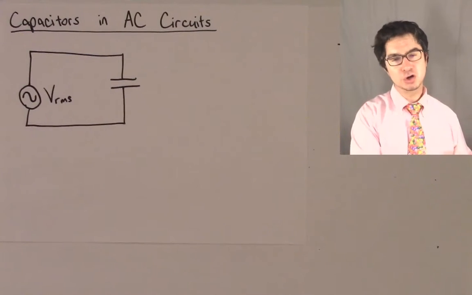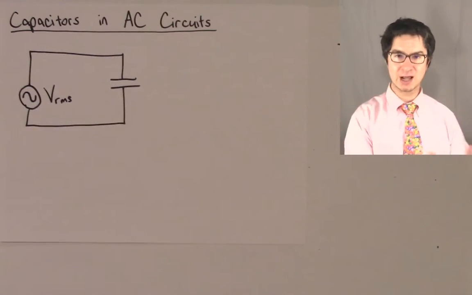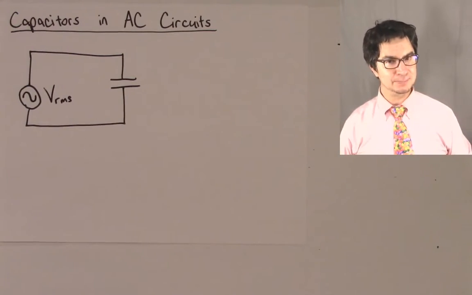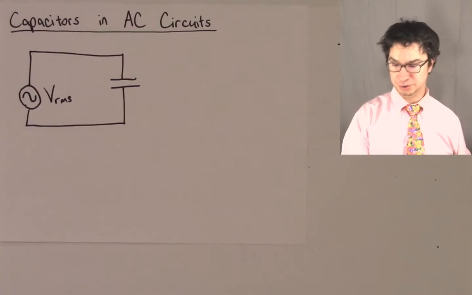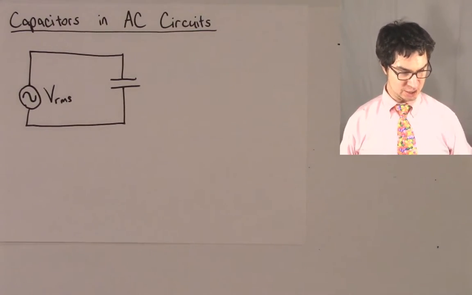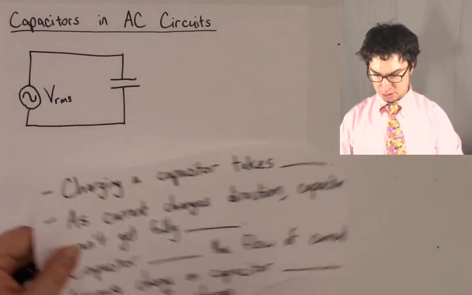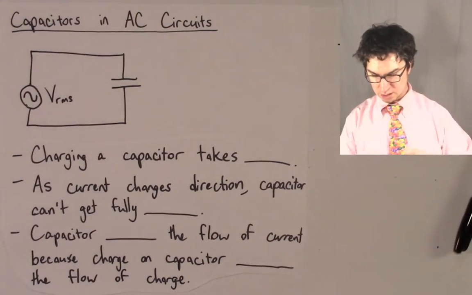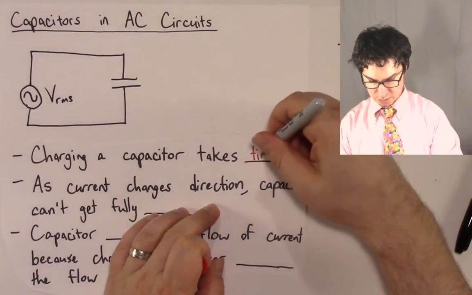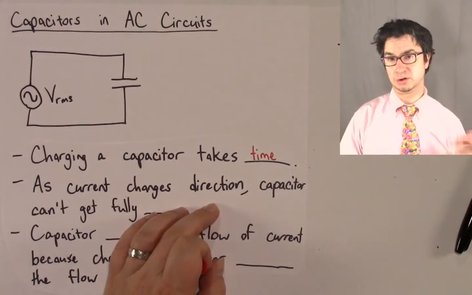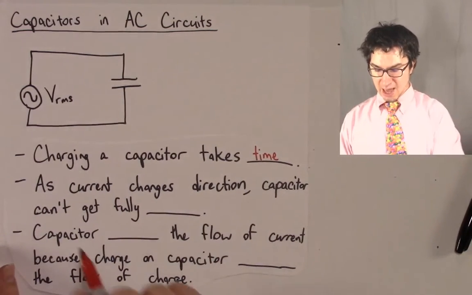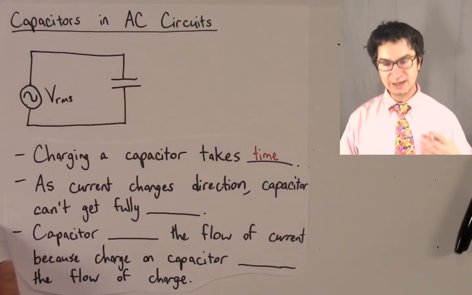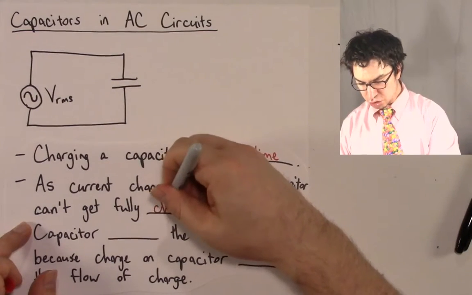But because the current is changing directions constantly in an AC circuit, the capacitor doesn't have enough time to develop a full charge. So what we're going to say here is charging a capacitor takes time. That's one of the things we learn about charging capacitors. And as the current changes direction, the capacitor cannot get fully charged.